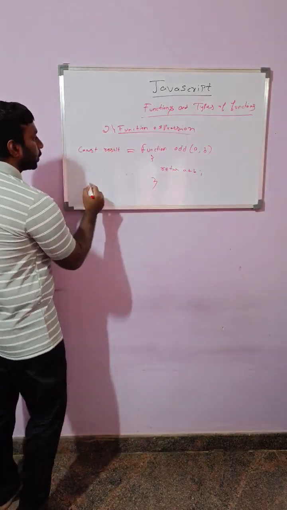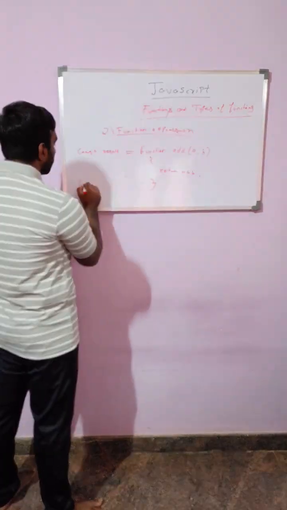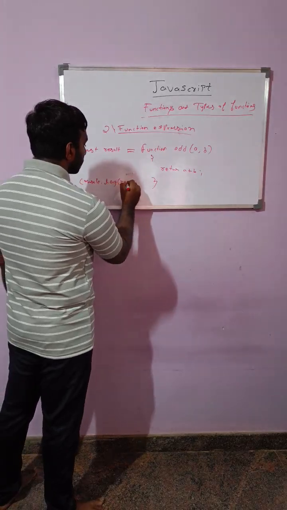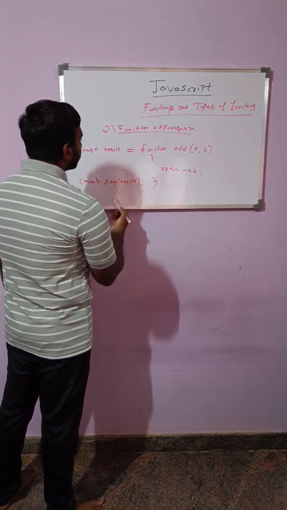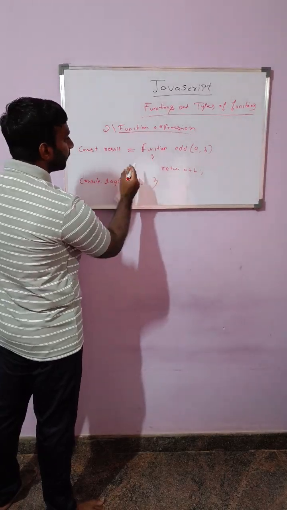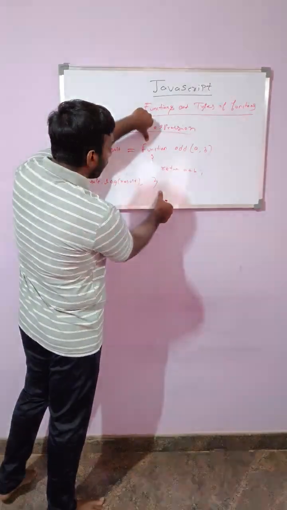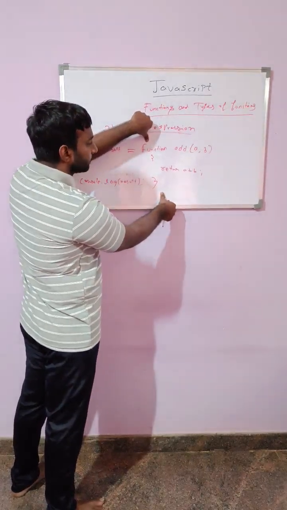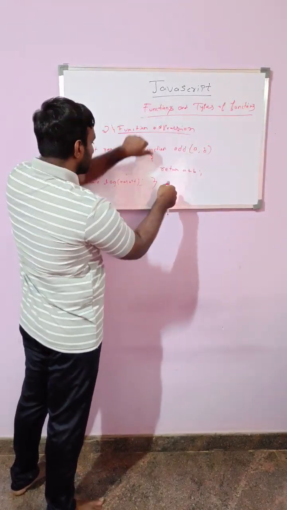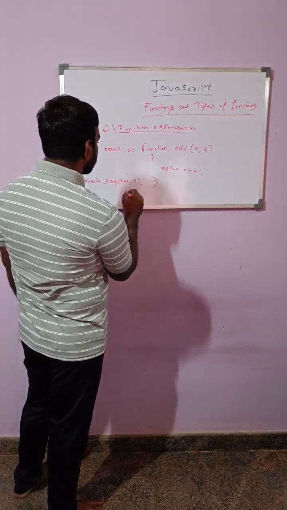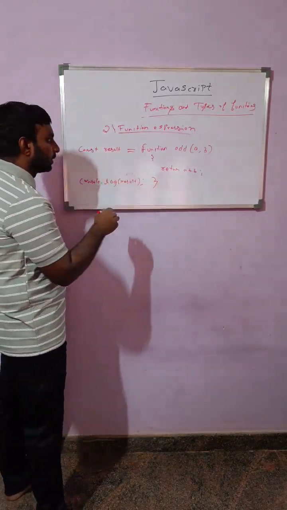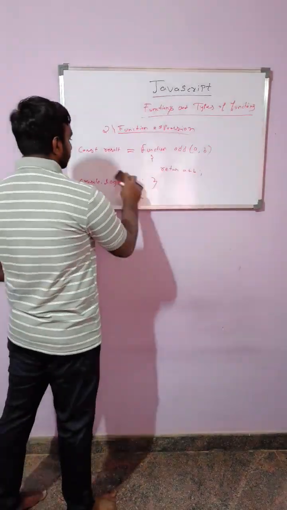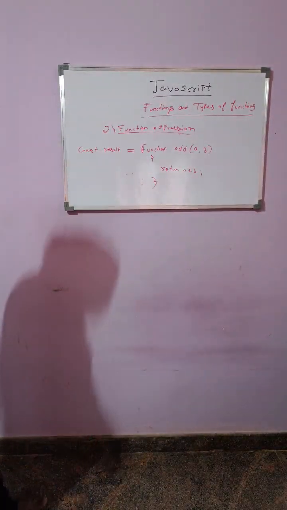When you console log this result, it will contain the output of this function, which is a plus b.